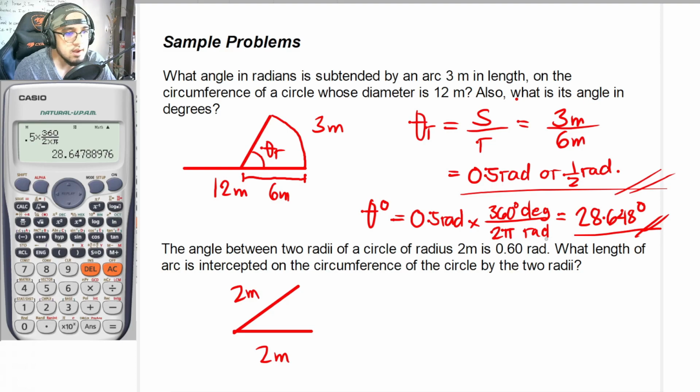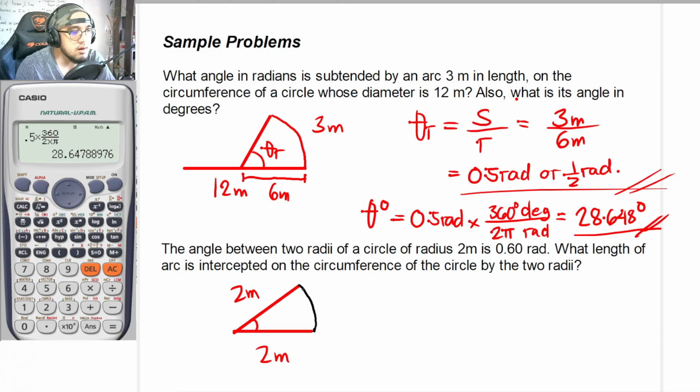It is said here that the angle between them is now to be equal to 0.6 rad or 0.6 radian. Okay, so what is now to be the length of the arc intercepted by this particular radii? So this is now to be the subtended arc. So this is now to be the arc.